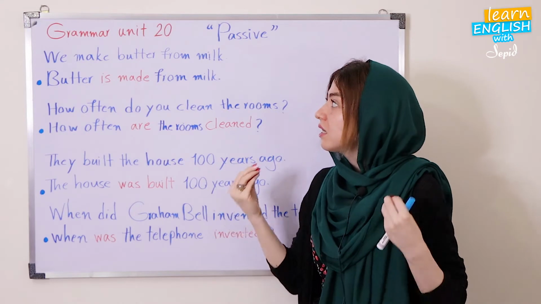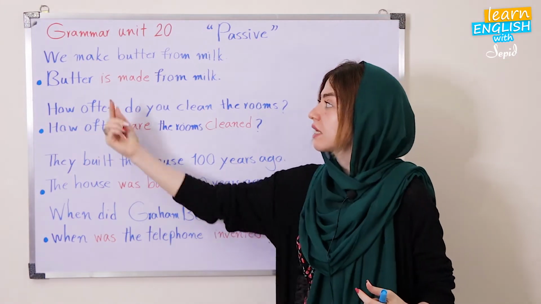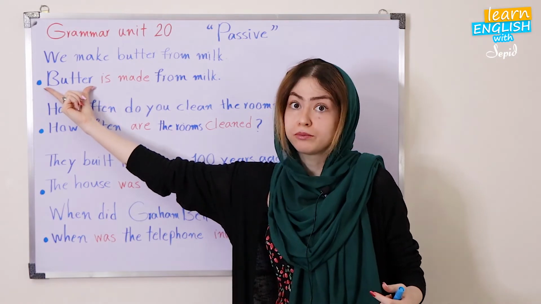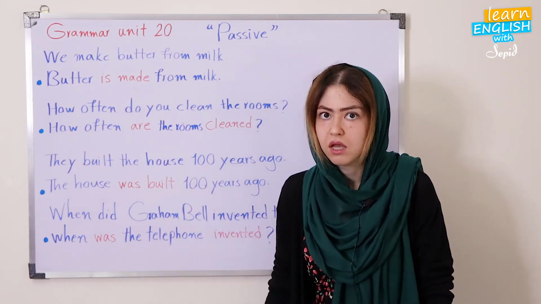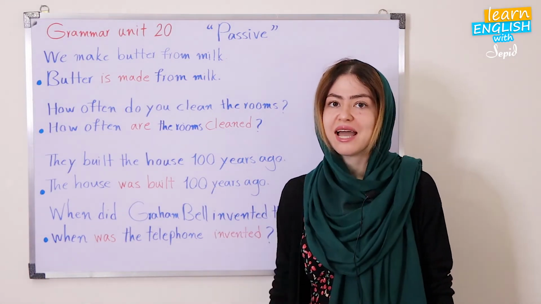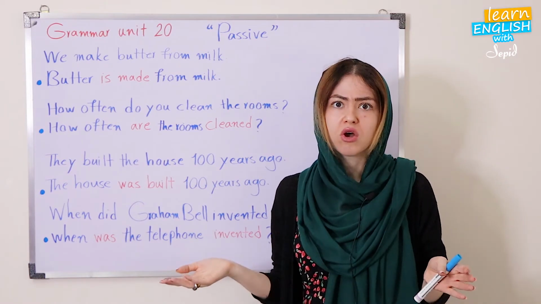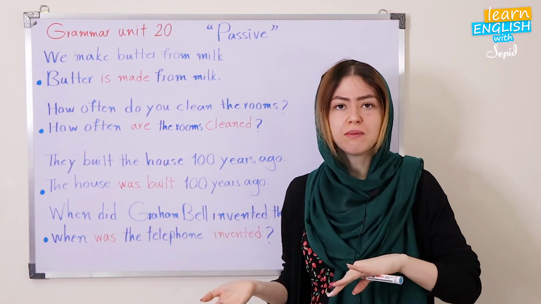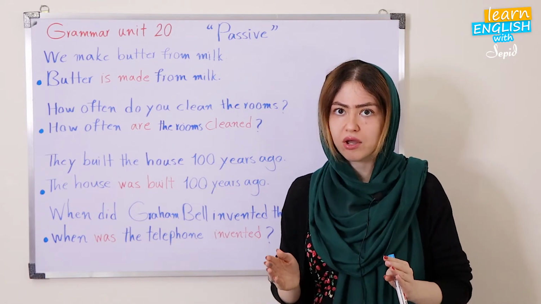We change the form of the sentence by putting our object at the first part of the sentence. So we are not mentioning the doer of the action. The doer of the action is not very important, or we can just mention that person at the end of the sentence.